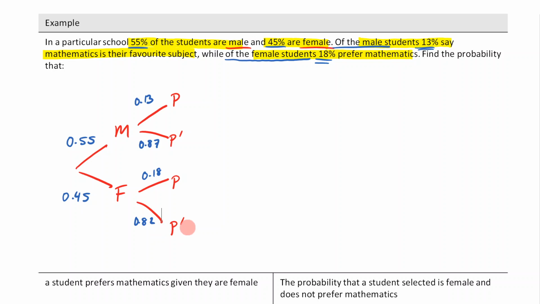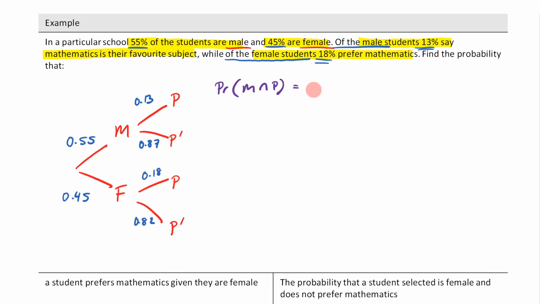Amazing. Now, from the previous part, we know that if we multiply across a branch, we are going to find, in this case, the probability of M intersection P, because our multiplication rule tells us that. We're multiplying these, and that gives us this right here.